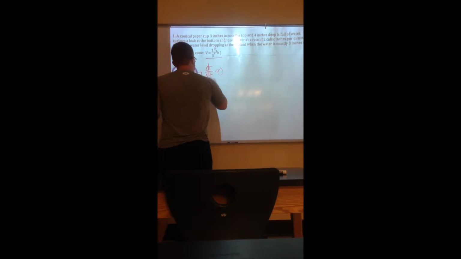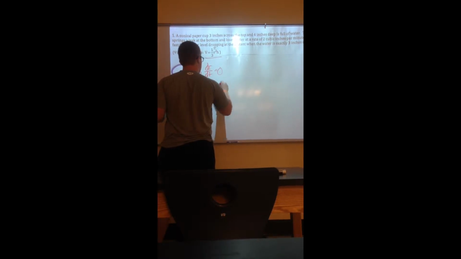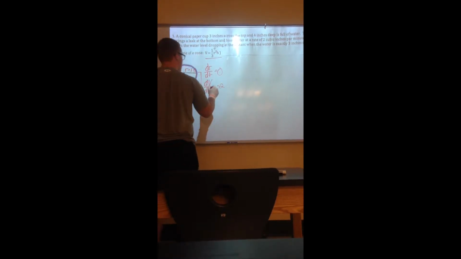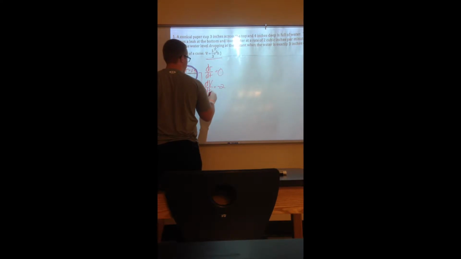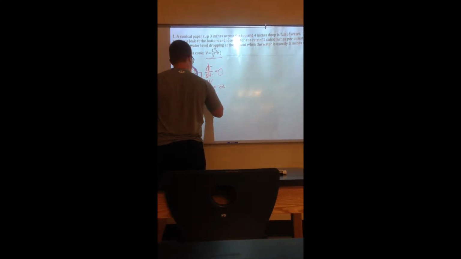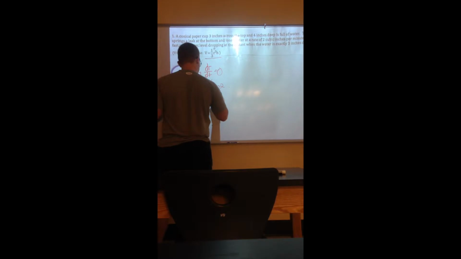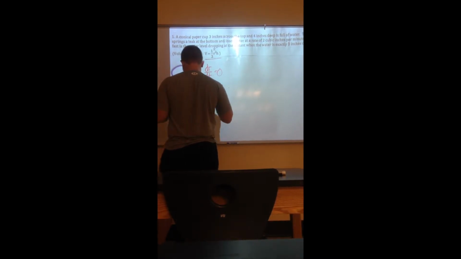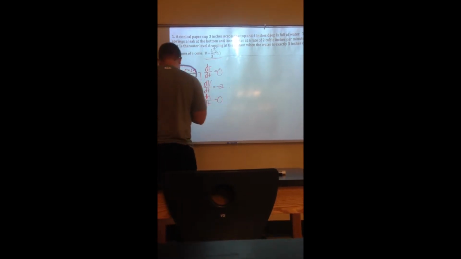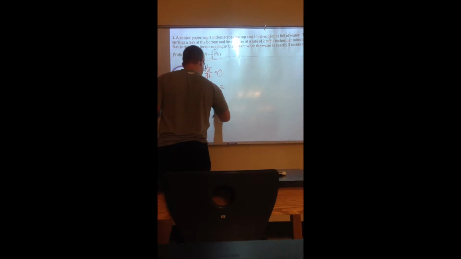We know that water is leaving the cone at negative 2 cubic inches per minute. You don't want to forget the negative because water is leaving. And then we don't know the rate at which the height is changing, so we put a question mark there.